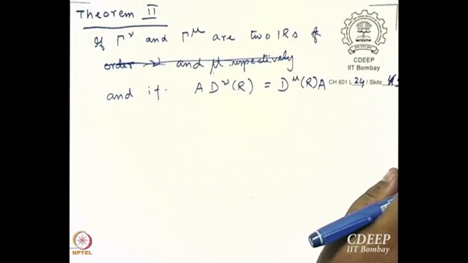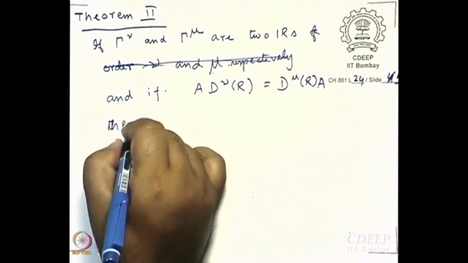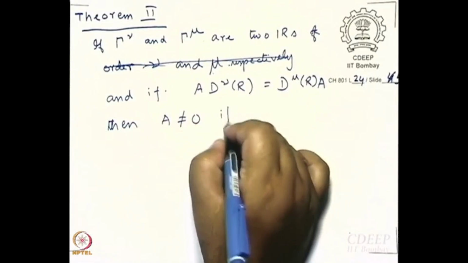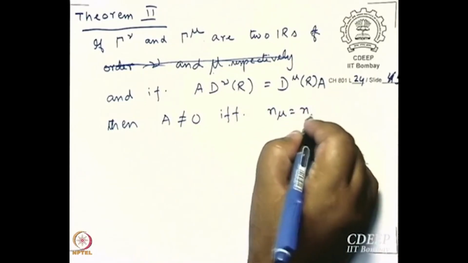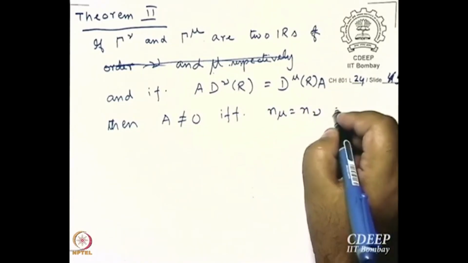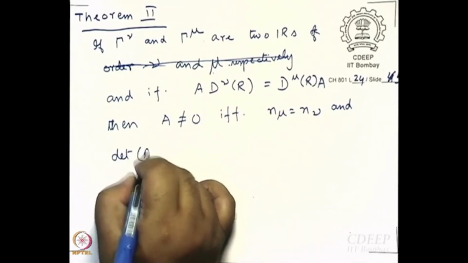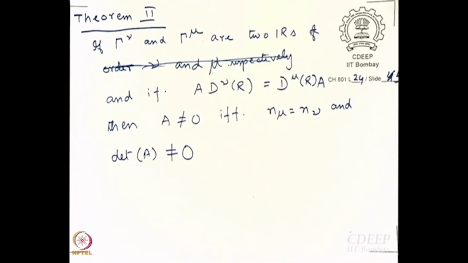And if A d nu r equal to d mu r A, then this matrix A is going to be non-zero if and only if n mu equal to n nu and det A is non-zero. This is what we are going to prove.